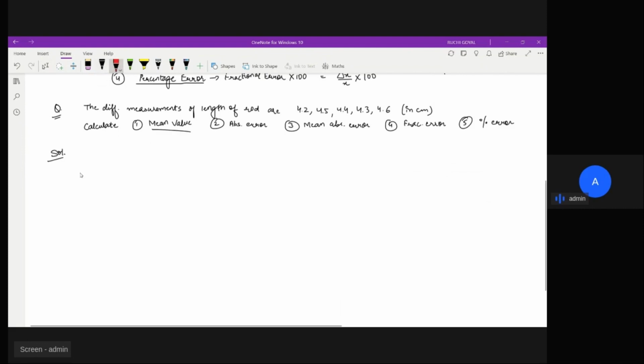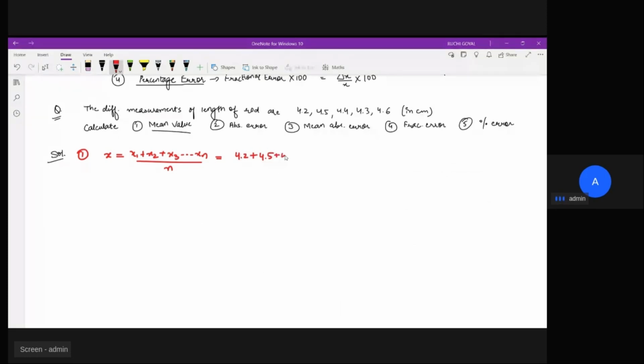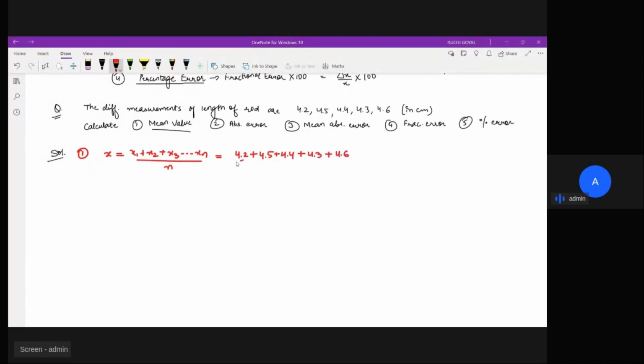How will you calculate the mean value? Mean value x is x1 plus x2 plus x3 up to xn, divided by n. This is the formula of mean value. So we sum up all the values: 4.2 plus 4.5 plus 4.4 plus 4.3 plus 4.6. These are the 5 measurements, divided by the total number of observations, which is 5.